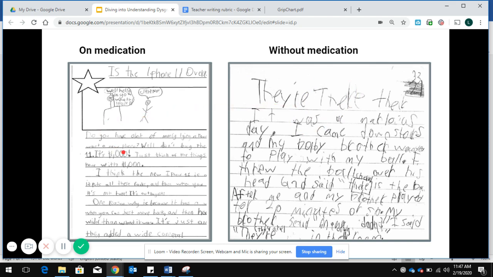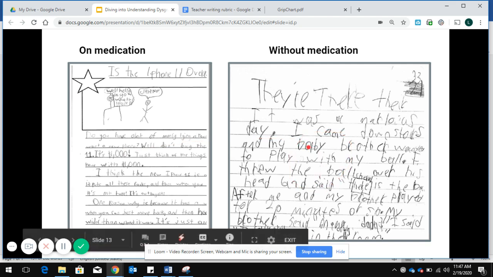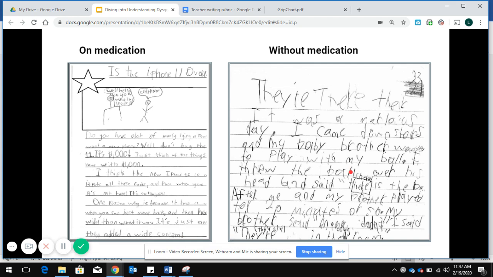So this student was identified as a student with attention deficit disorder. He was diagnosed with attention deficit disorder. On this first one, there were attention concerns, but he was not diagnosed or on medication.